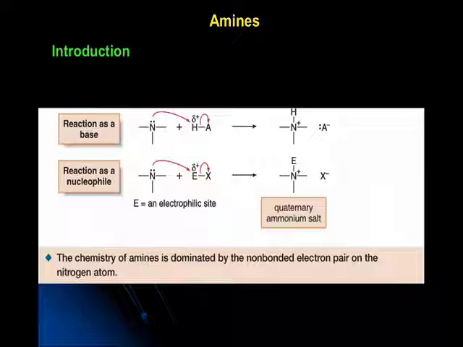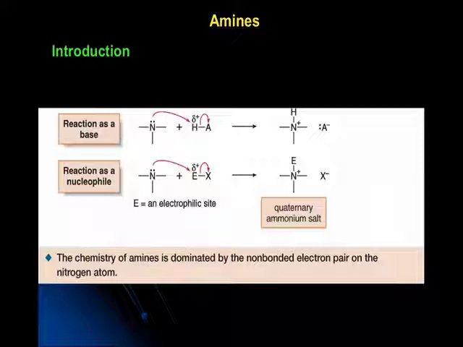If we take the amine and react it with an acid, we end up with a quaternary ammonium salt, where at least one of the bonds is to hydrogen. We can also react it as a nucleophile if we have some type of electrophile. Let's say it's carbon. We can form a new nitrogen carbon bond. We call those quaternary ammonium salts. You all have already demonstrated you know that pretty well.